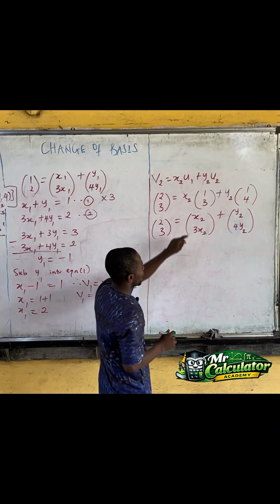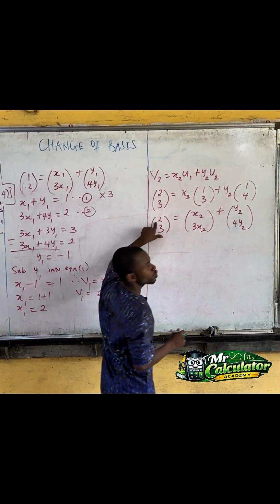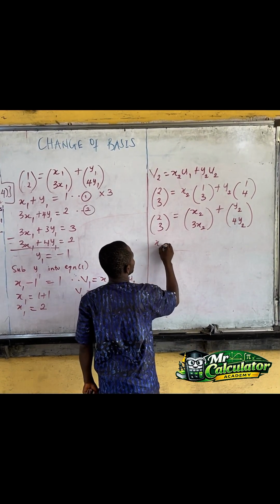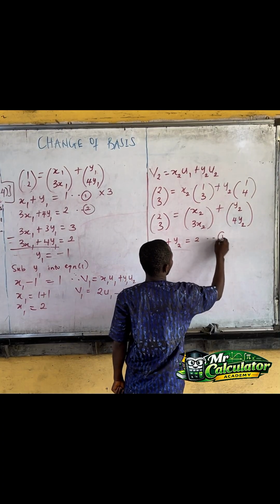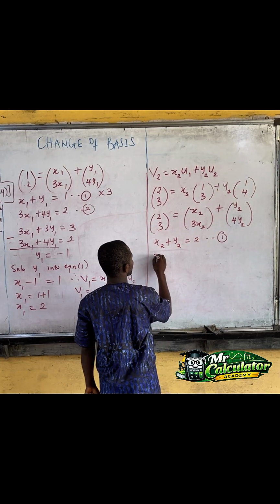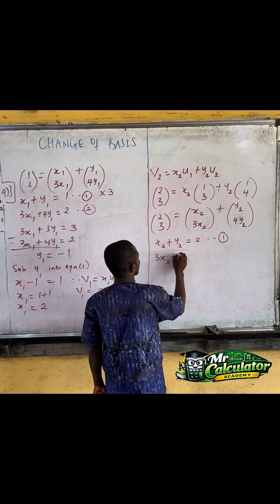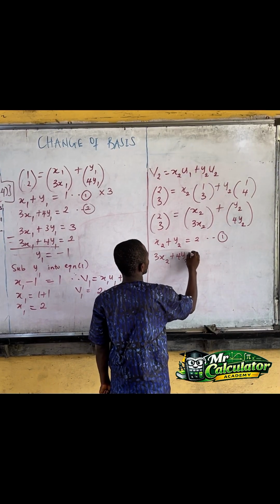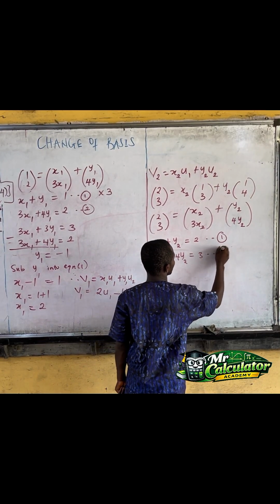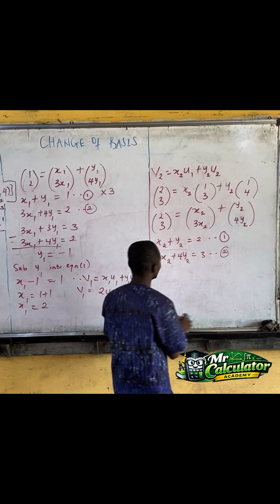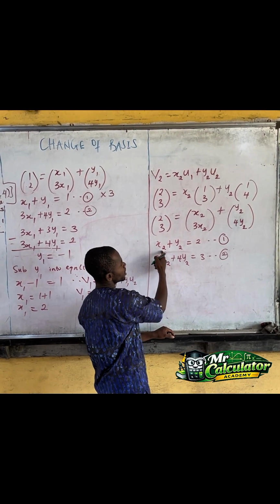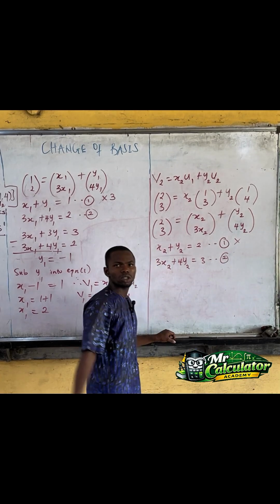Now from here, we can see that X2 plus Y2 equal to 2, equation 1. And 3X2 plus 4Y2 equal to 3, equation 2.